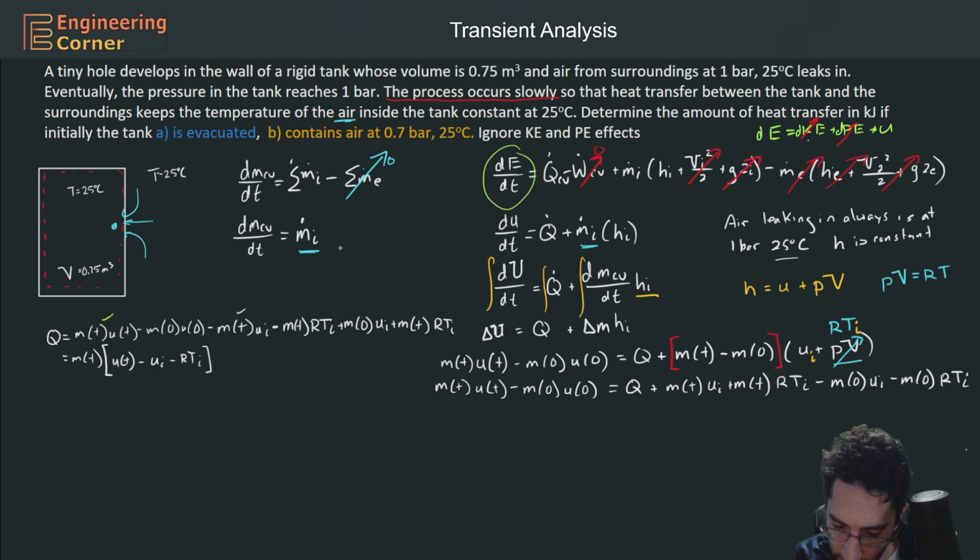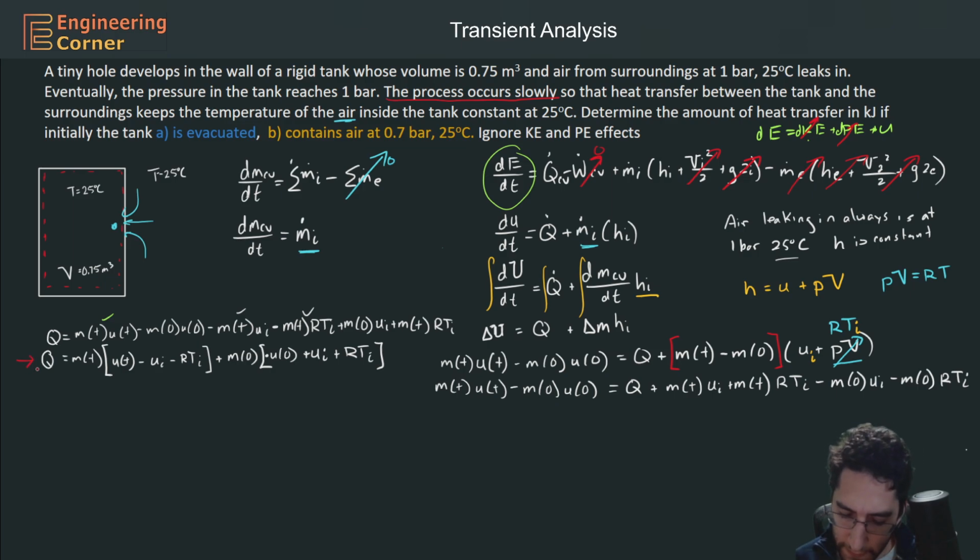Then we're going to take out plus my initial mass at time 0 times U at time 0, and we have a negative right here, negative U_0 plus U_i plus R T_i. Okay, and this is really going to be my baseline equation.